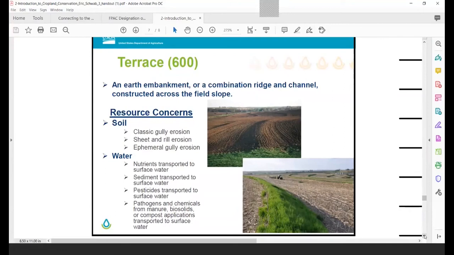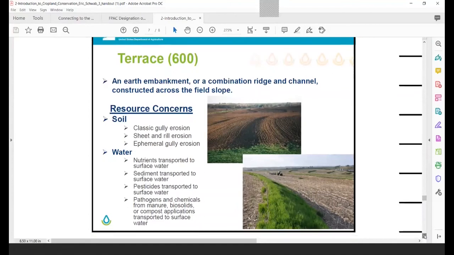These terraces are engineered structures that sometimes can be grassed, like in the lower picture, or sometimes we can plant right through them. Again, they channel that water to the edge of the field, to reduce the slope length and slow the water down the hill to reduce erosion. So if we can scroll on to the next slide.